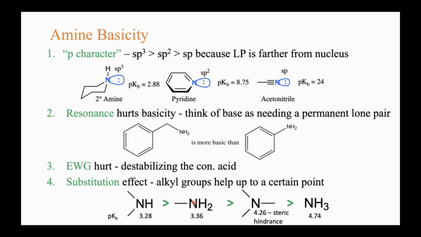And so it's a stronger base. Furthermore, when we add another alkyl group, we get a slightly stronger base as well. When we add a third alkyl group, though, we introduce steric hindrance. And so the proton is not able to approach the nitrogen as easily as it would be for all these other cases. So this is kind of a weird trend, and it's something that y'all can note on your exam.